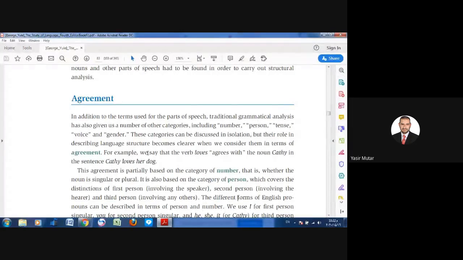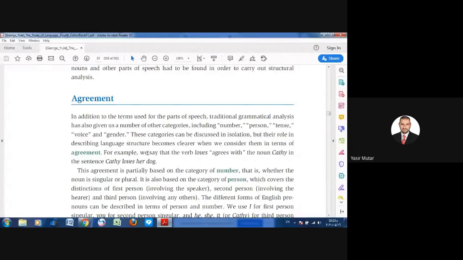And we have things related to plural forms and singular forms. As you know, the system of number in English has singular and plural. It's different from Arabic, where we have singular, dual, and plural.